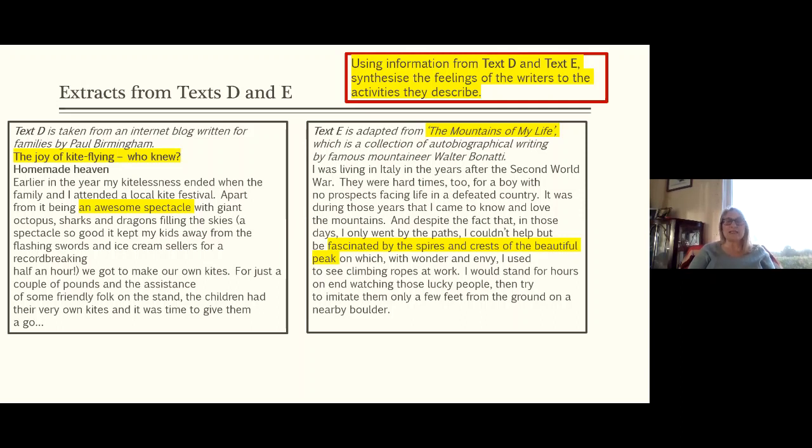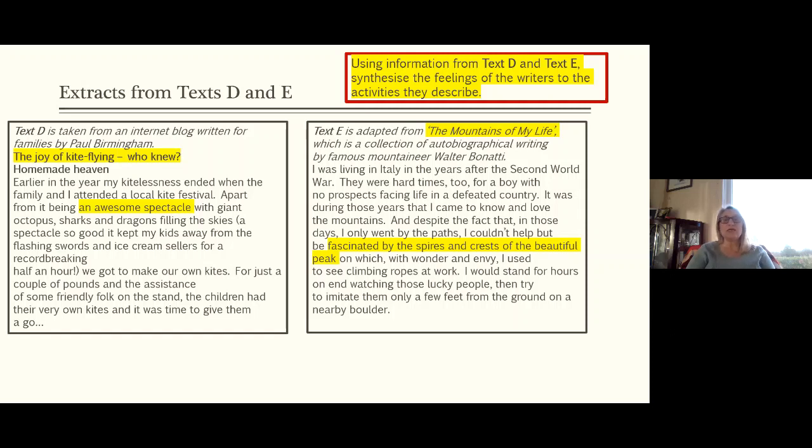And then we've got text E, which is adapted from The Mountains of My Life, a collection of autobiographical writing by famous mountaineer Walter Bonatti. So he is talking about how he climbs mountains and what he says about that. So I was living in Italy in the years after the Second World War. They were hard times too for a boy with no prospects facing life in a defeated country.